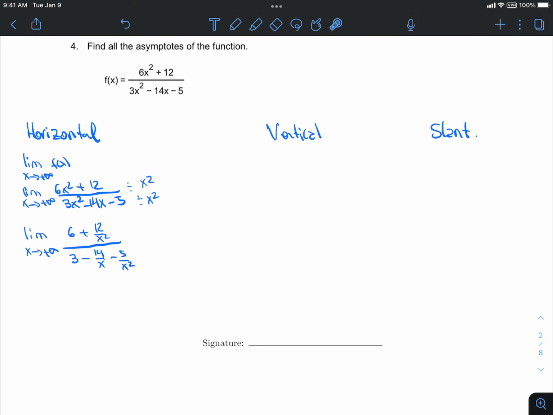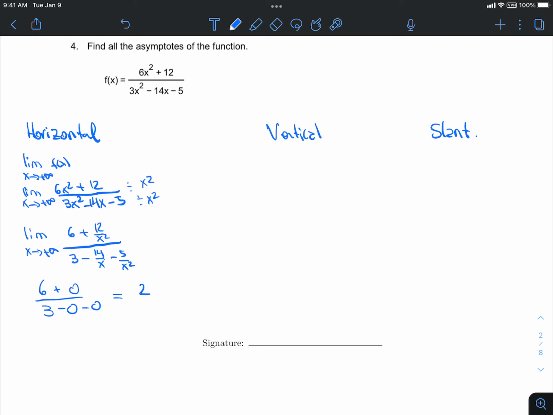So that is now easy to see, because when you divide 12 by something very, very large, the answer is very, very small. Same here, same here. So the answer is then 6 plus 0 over 3 minus 0 minus 0. So that is 6 over 3, which is 2.